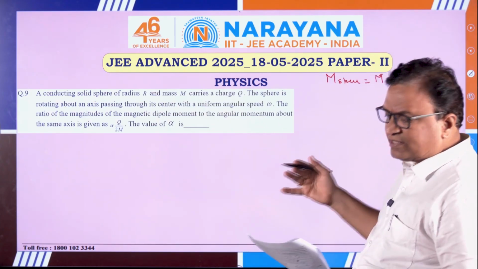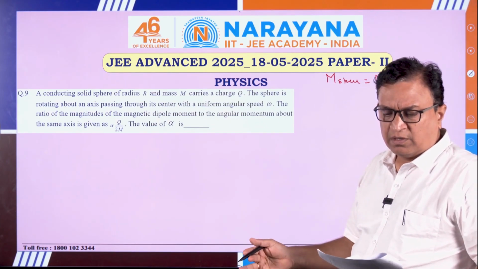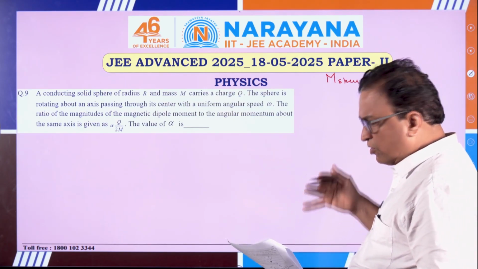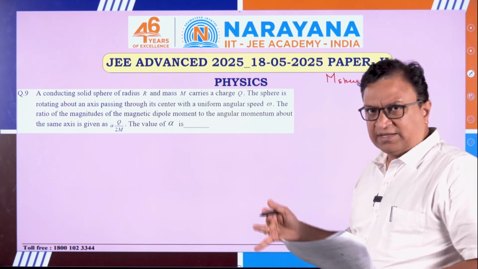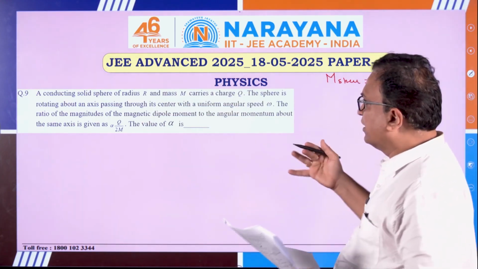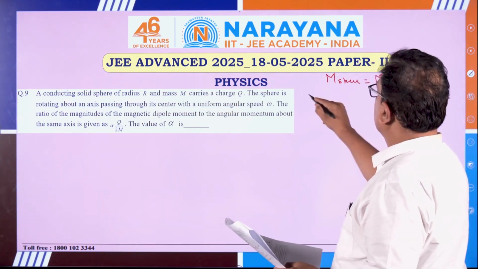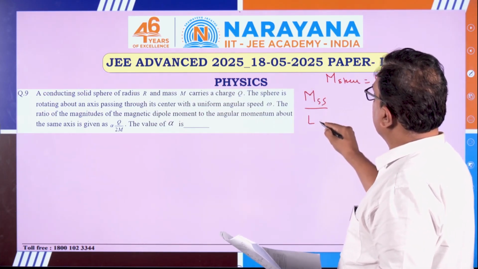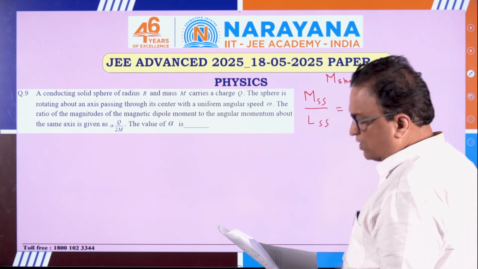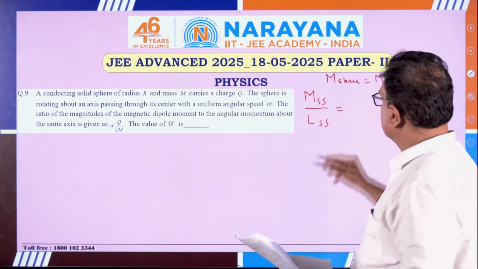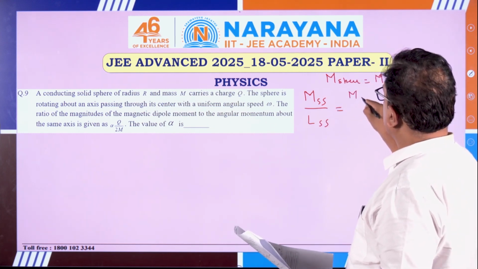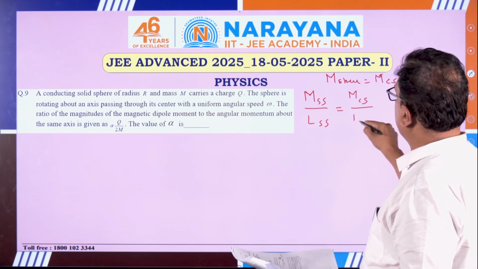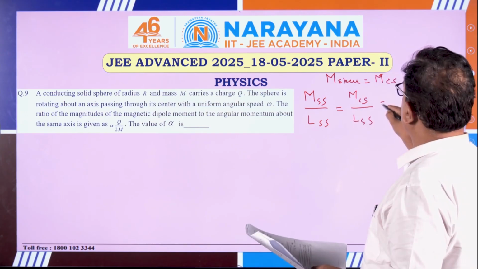If you ask me the same question, in case of a solid sphere, M solid sphere by L solid sphere, you can write it as M of the conducting shell by L of the solid sphere.